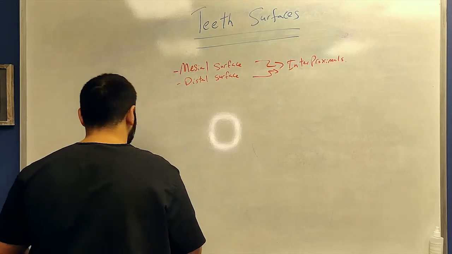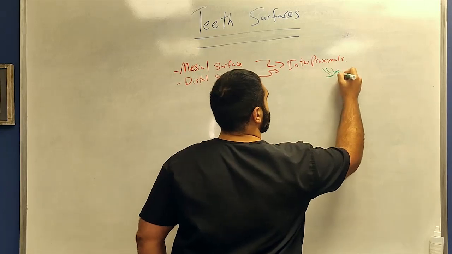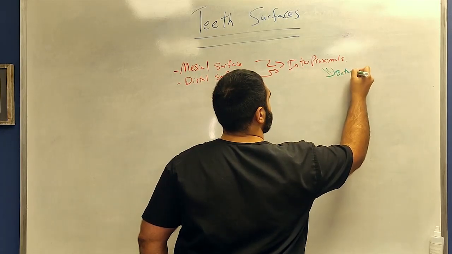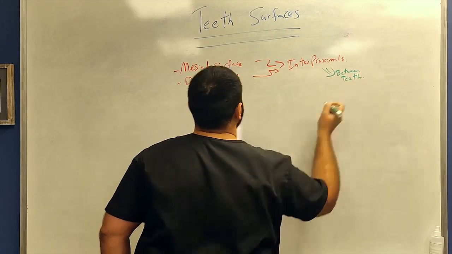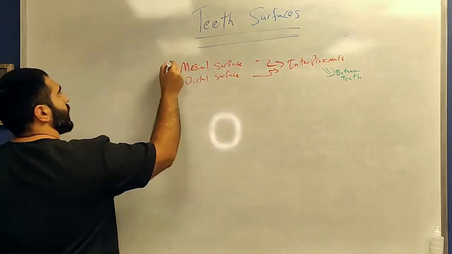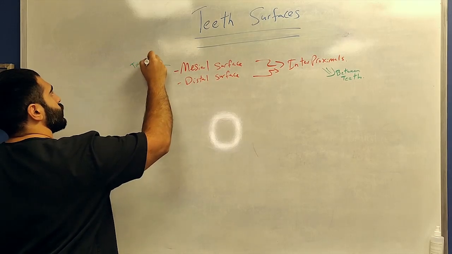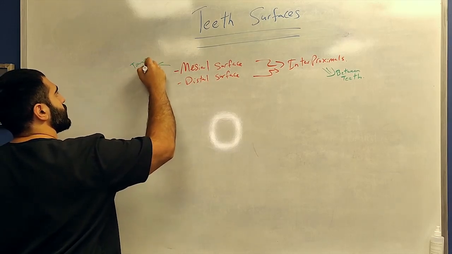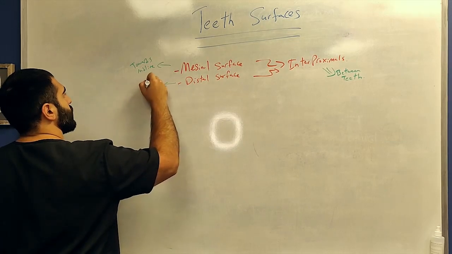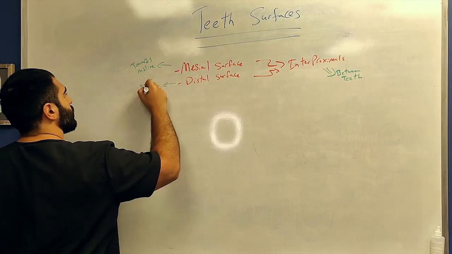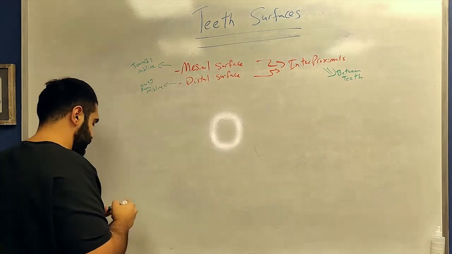And just to add those notes, interproximal means between teeth. And I'll add the note here. Mesial is towards midline, and distal is away from midline, right?